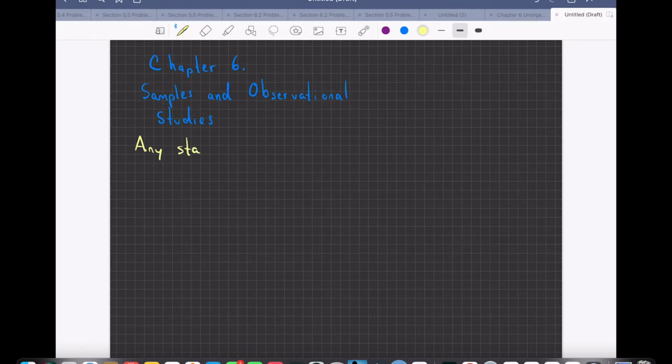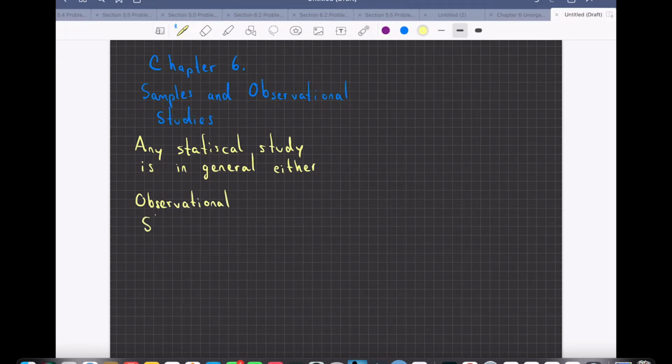Any statistical study is, in general, either an observational study or a randomized experiment.